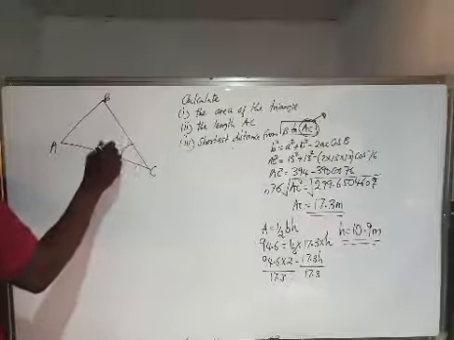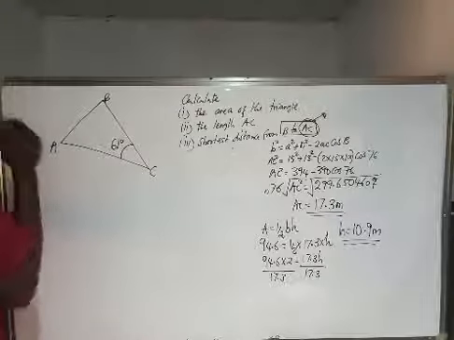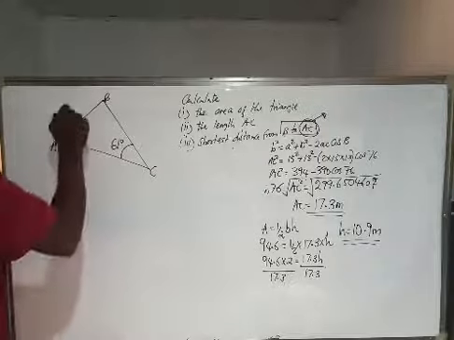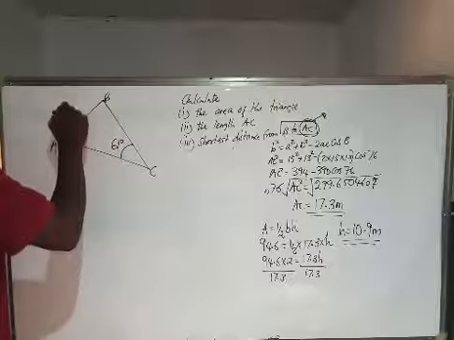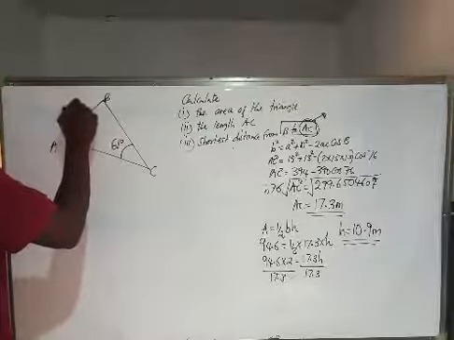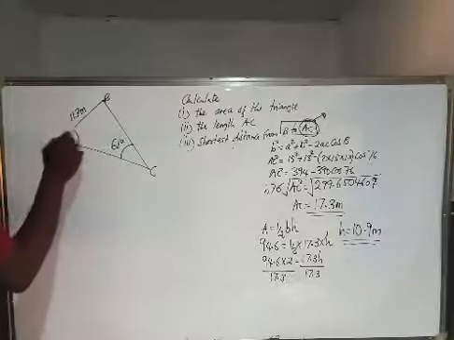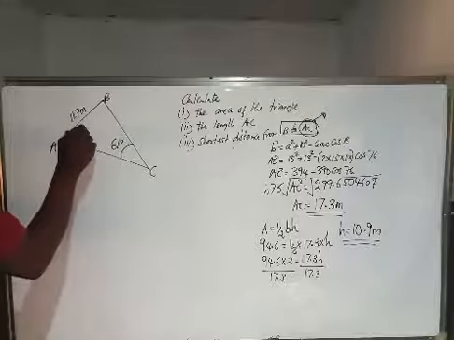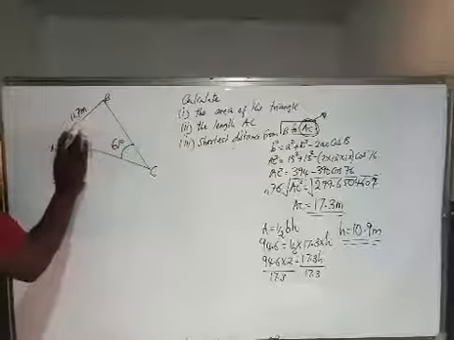Let's say this is side 61 and this is side 11.7 meters. This is our angle here, 58. Now let me use this angle.